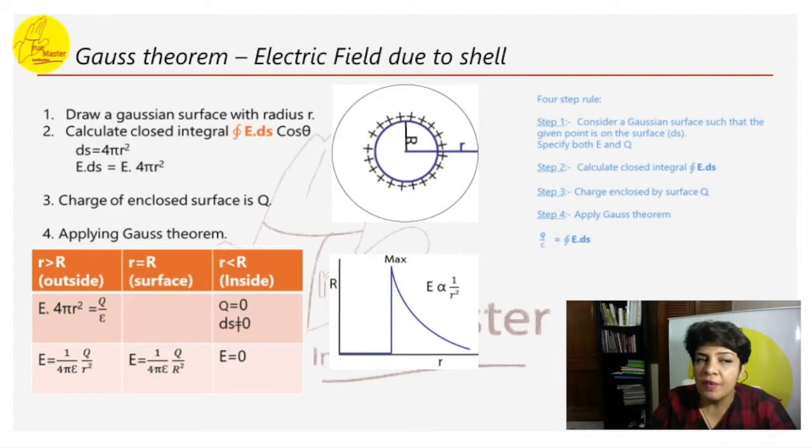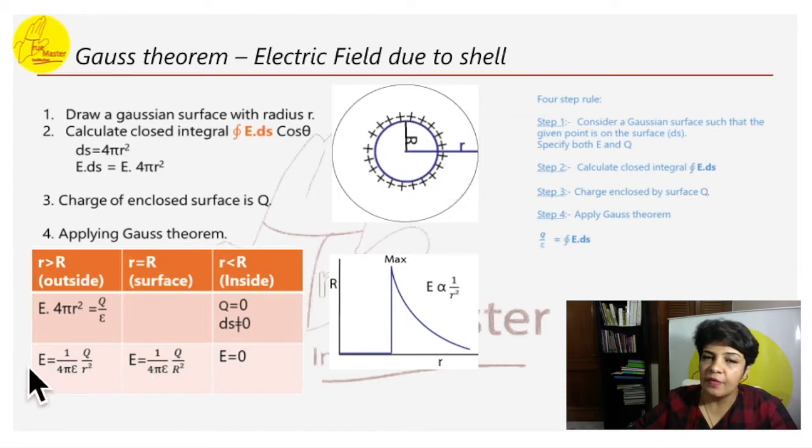We will be calculating the electric field on a shell when we place the test charge at 3 different locations: outside the shell, inside the shell, and on the surface.